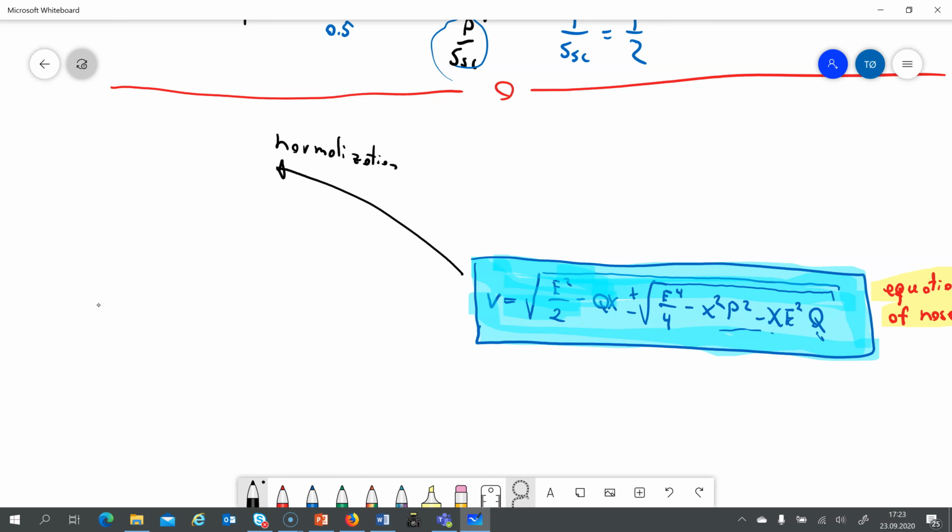This, and then we get the following expression: U_E equals, not U. Okay, sometimes I use U also, or V, it will be the same. It's just different notation.